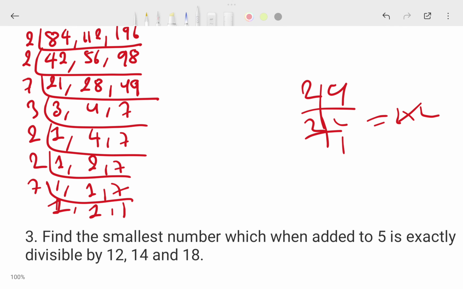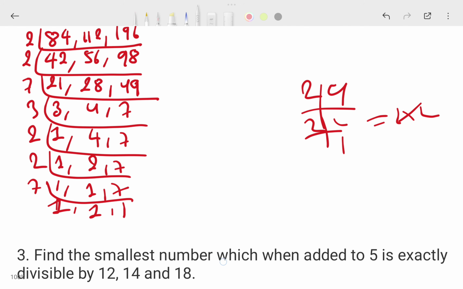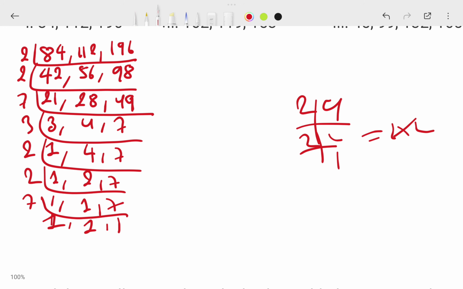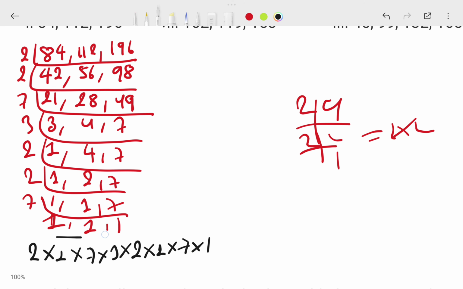Now you have to multiply this one. How can you multiply? Write this: 2 cross 2 cross 7 cross 3 cross 2 cross 2 cross 7 cross 1 cross 1. This is 1 cross 1, so you can write it like that, otherwise you can leave it.